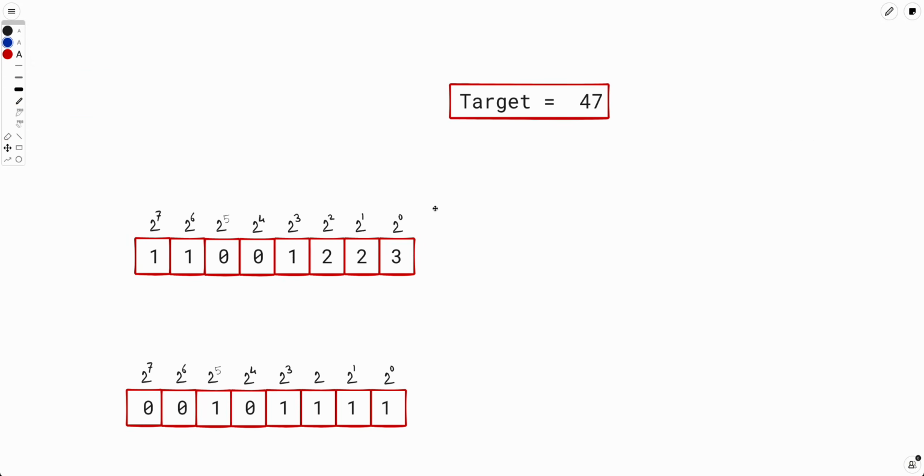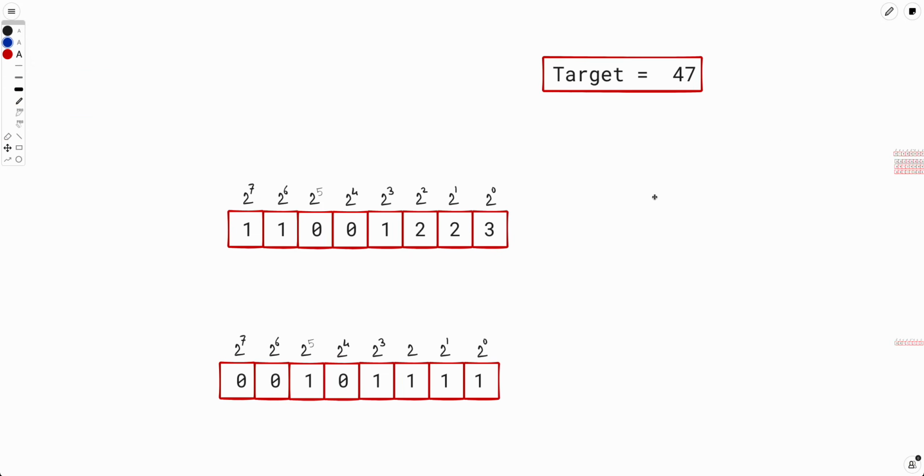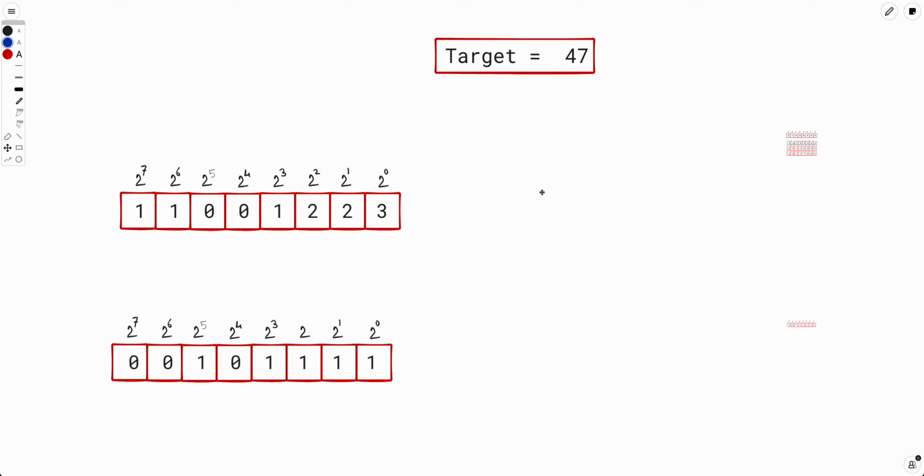Now let's take one final example where the target is 47. In this case you will see the same thing. We have 2 power 3, 2 power 2, 2 power 1, 2 power 0 in the given array as well, but 2 power 5 is not there. The only difference from the previous problem is that here we will not be able to make 2 power 5 from the remaining elements.